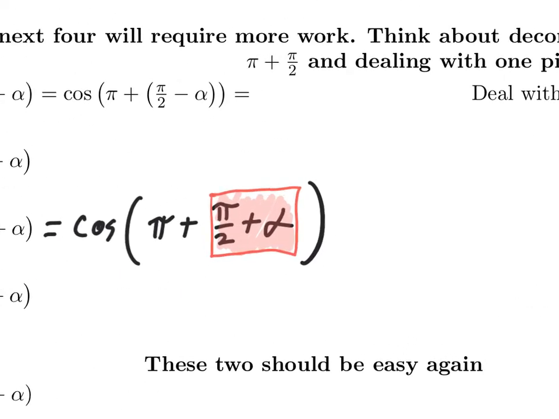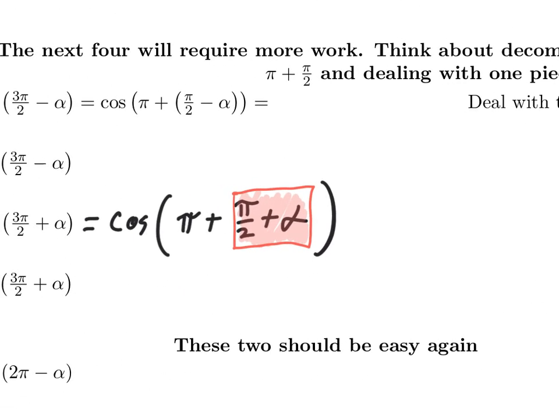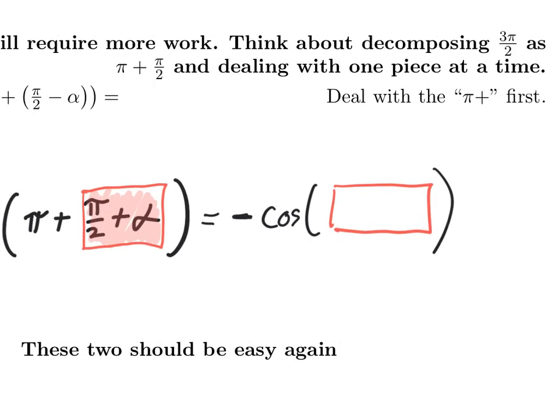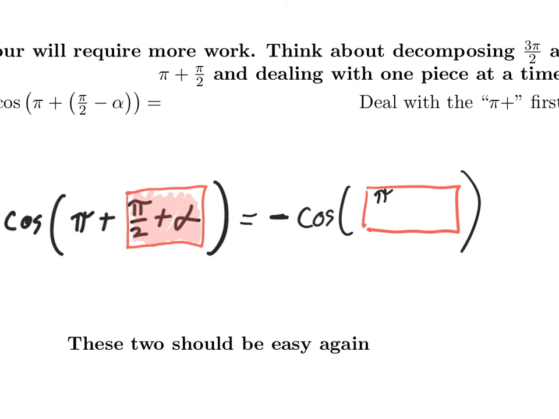So the cosine of pi plus a red box is exactly negative the cosine of whatever is in that red box. And now I'll put the thing that belongs in that red box, pi over 2 plus alpha. For the sake of emphasis, I'll color code that negative sign as a green negative sign.